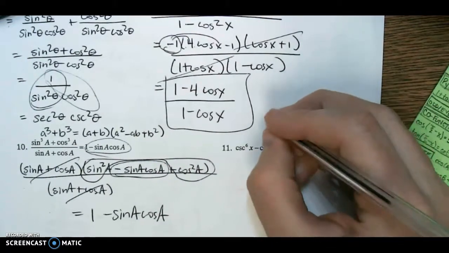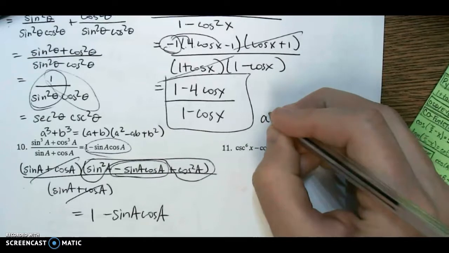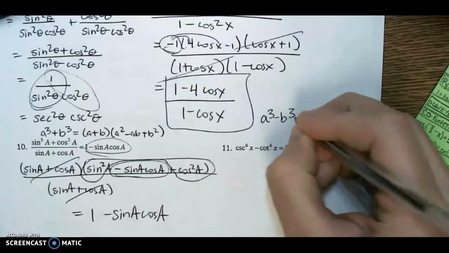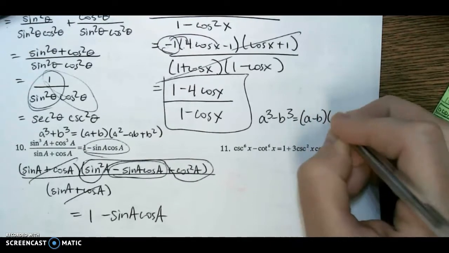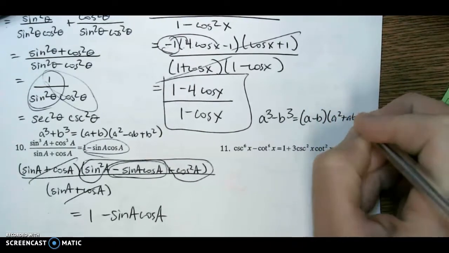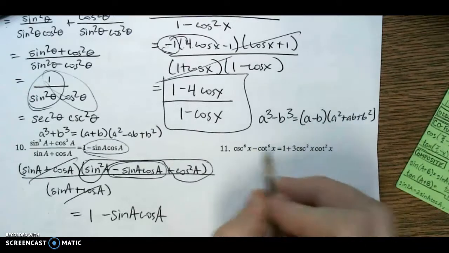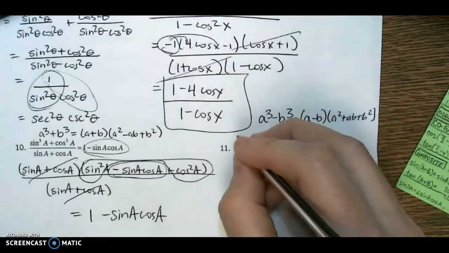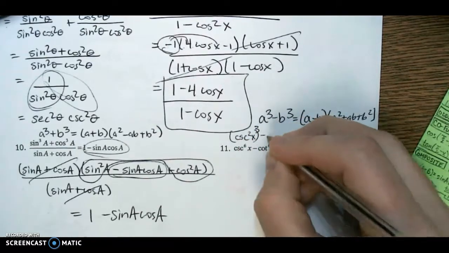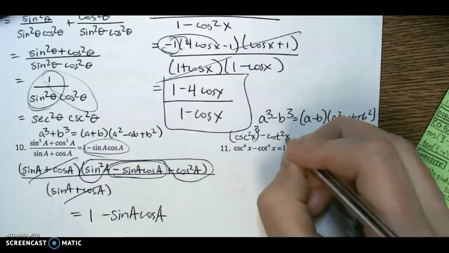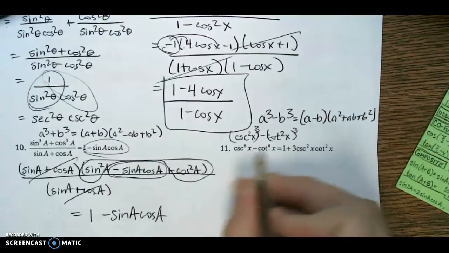So basically what we have here is an a cubed minus b cubed, which is, and you can put this on your note card, a minus b, a squared plus ab plus b squared. And the reason I'm saying this is cubed is because this is really cosecant squared cubed and cotangent squared cubed, and that's how they're getting 6.